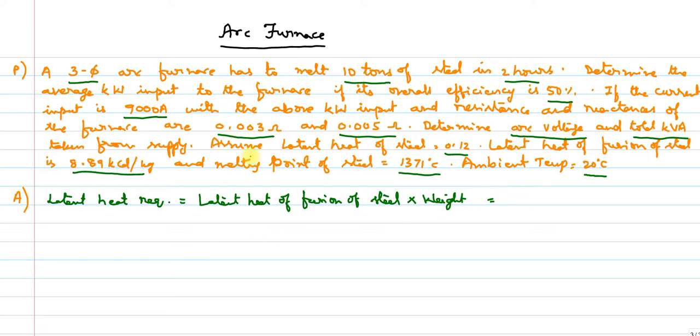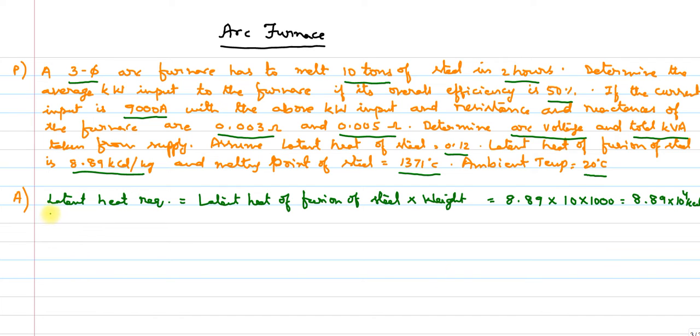Latent heat of fusion of steel is 8.89 kilocalorie per kg. This is the latent heat per kg, but we have 10 tons. So it is 8.89 into 10 tons, 10 into 1000, which will be equal to 8.89 into 10 to the power of 4 kilocalories.